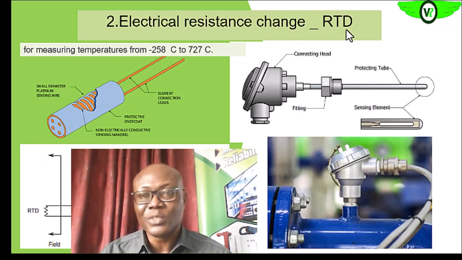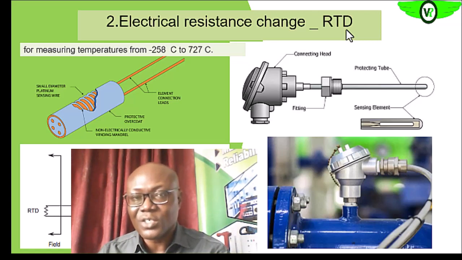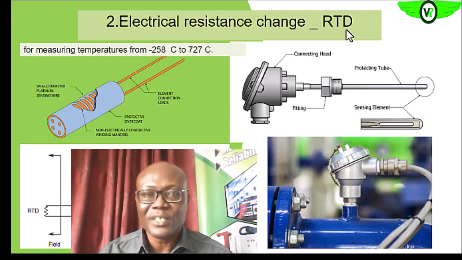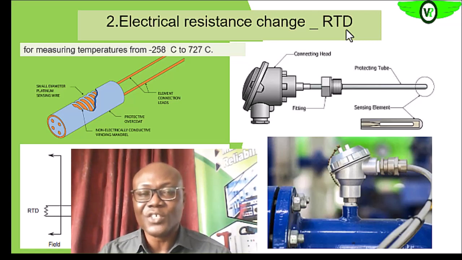So what you should put at the back of your mind now is that the RTD or resistance temperature detector uses a sensing element whose resistance changes with changing temperature. Are we getting it? As the temperature is changing, the resistance is changing. So that resistance forms a section or a leg of the Wheatstone bridge.